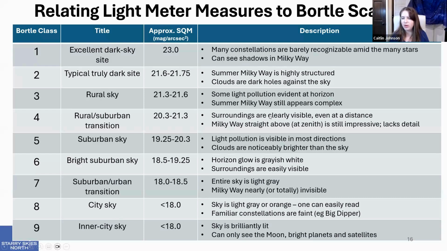It means that the surroundings are clearly visible, even at a distance. The Milky Way straight above is still impressive. And so it gives you a good feeling about what you might actually see here. So to be able to relate the numbers to the class, to the title, to what that implies for what you're seeing and your lived experience might be when you're under those skies.